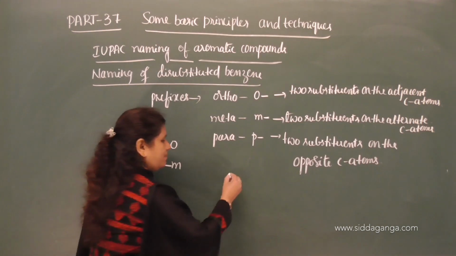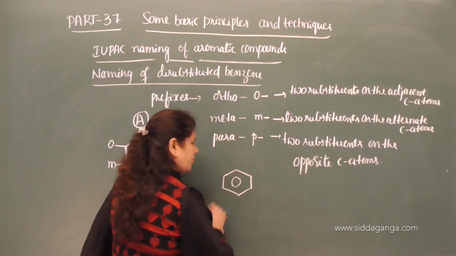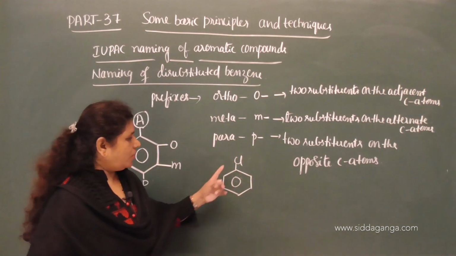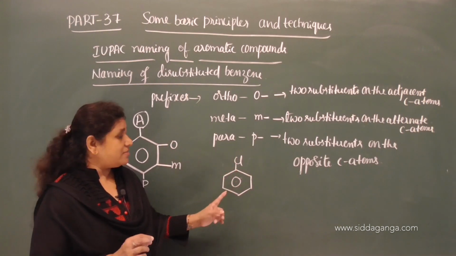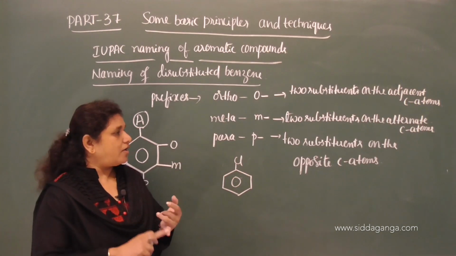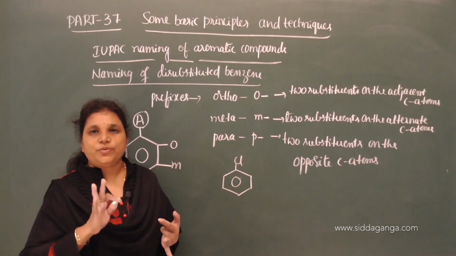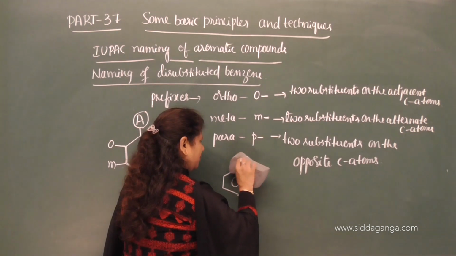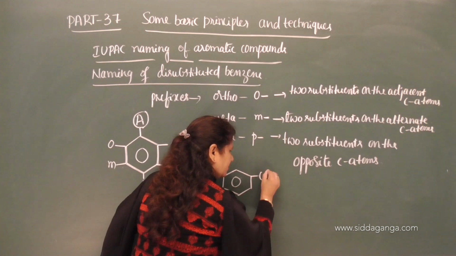So, for example, see here, this point you have to remember. What is this compound? Chloro-substituted benzene. Chlorobenzene. It is not para-chlorobenzene because we can use ortho, meta, para only for disubstituted benzene. Now, this is chlorobenzene. Now, you write this chlorine to this carbon.